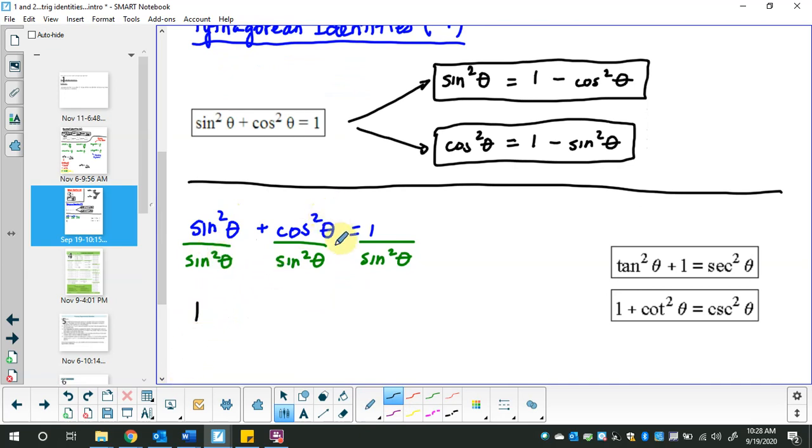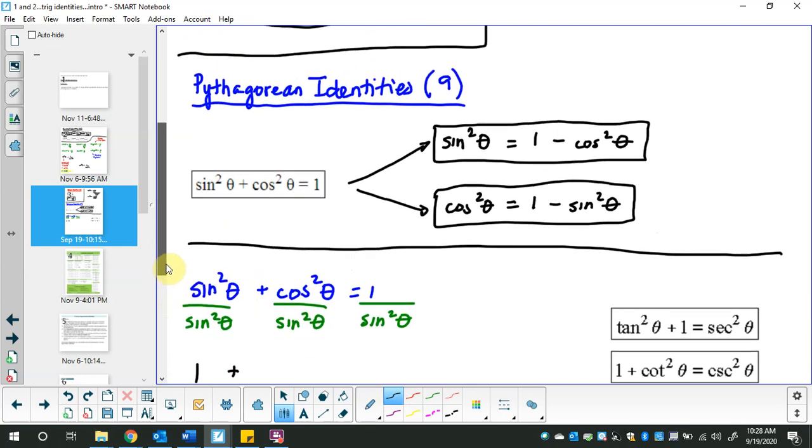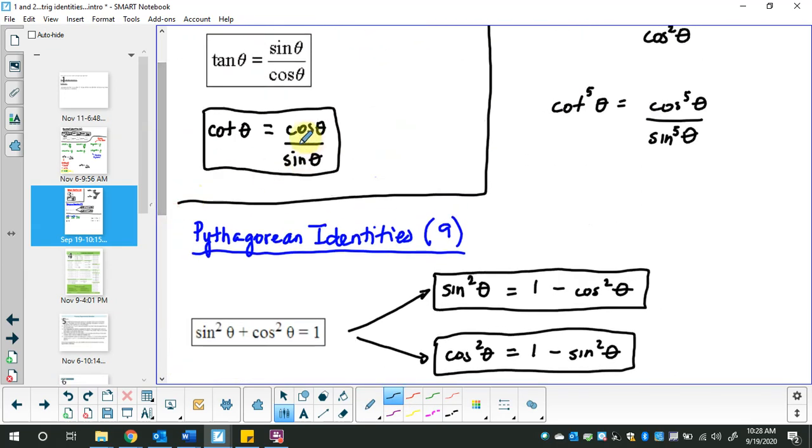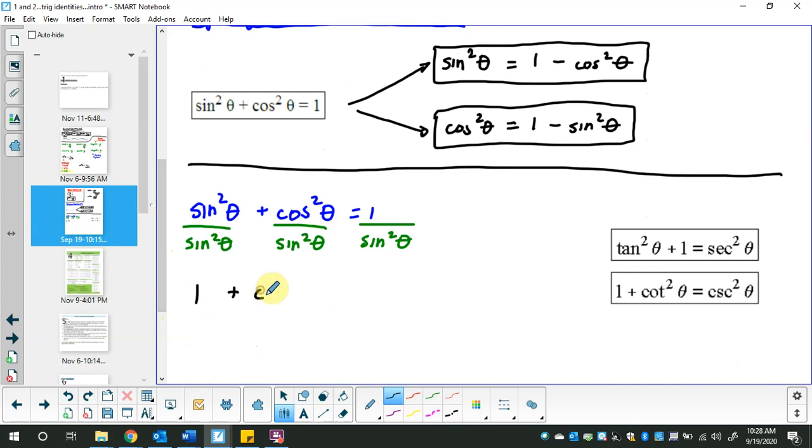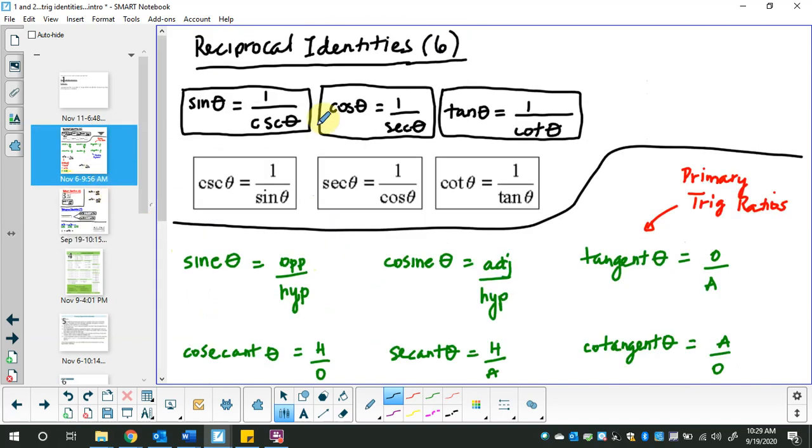Cos squared theta divided by sine squared theta is this one, but the cotangent is squared. And 1 over sine squared theta is right here, so that's going to be cosecant squared.